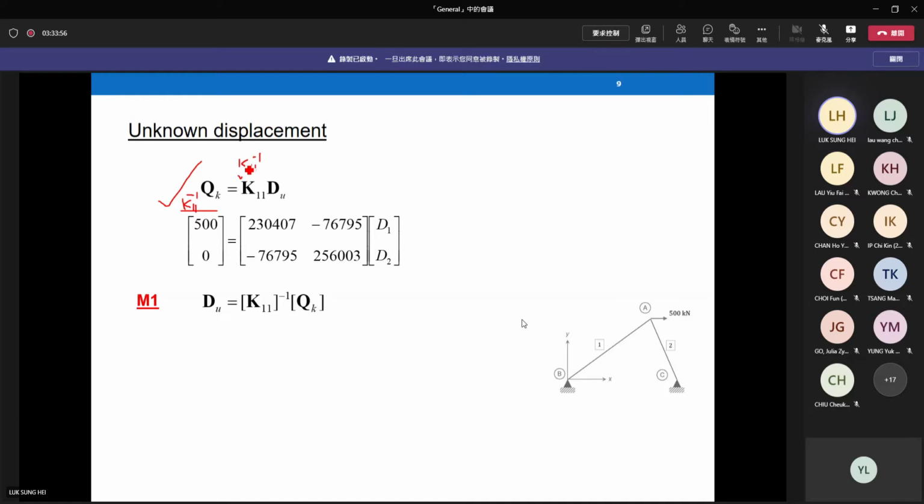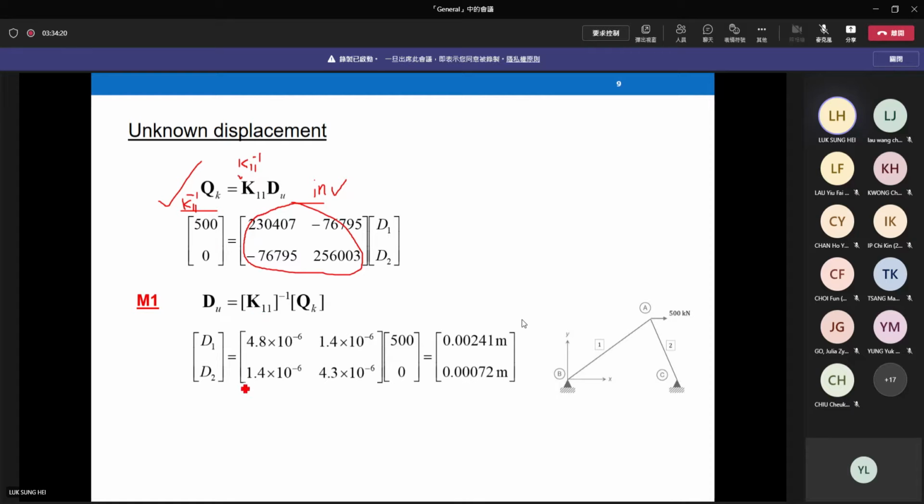So simply speaking, if you know how to inverse this matrix, then the problem is solved. If you forget how to inverse a matrix, you can go to our matrix analysis notes uploaded in Moodle. You can download from Moodle.